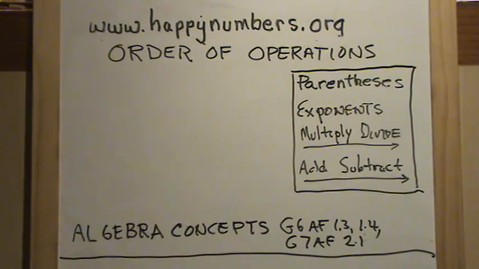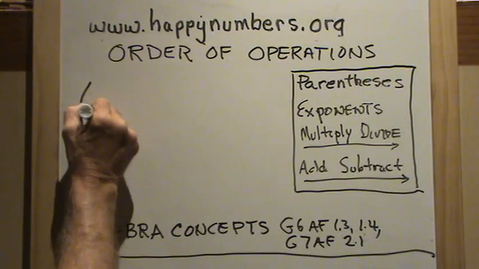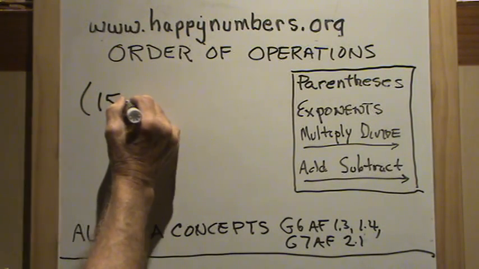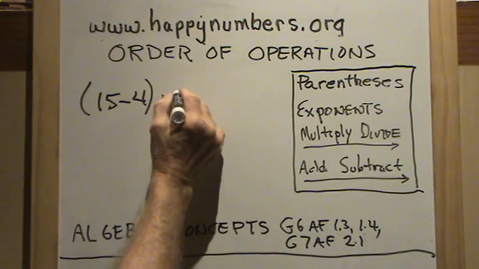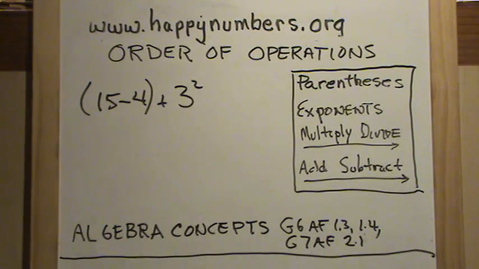Remember parentheses first, exponents, multiply and divide, and then addition and subtraction. Let's try this one. 15 minus 4 plus 3 to the second power.